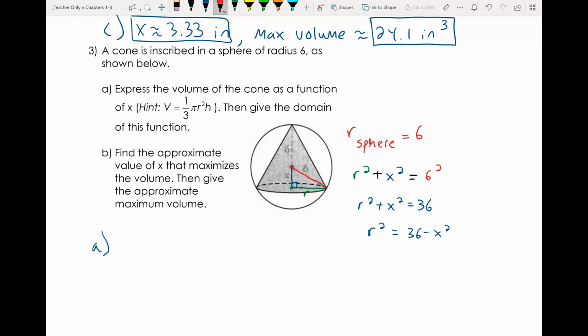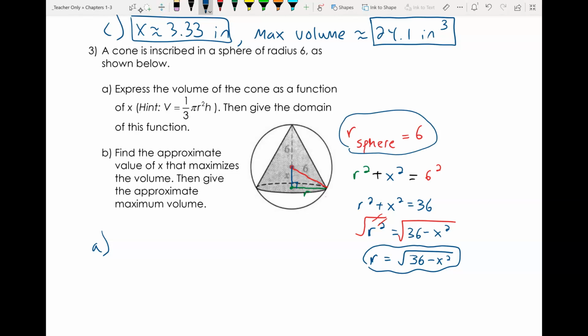If I square root both sides, usually from last year you know that when you square root both sides, you need a plus or minus on the radical, but in this case, we don't want a negative radical because the radius should be a positive quantity. So I can ignore the negative. And I get that that's my radius of the cone, not of the sphere. This is my radius of the sphere.